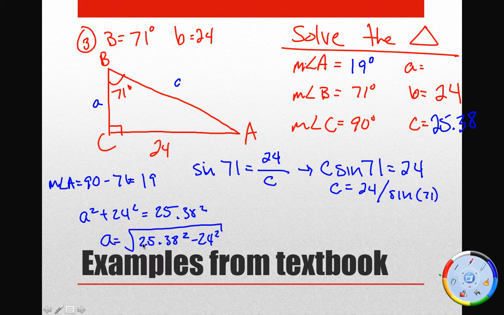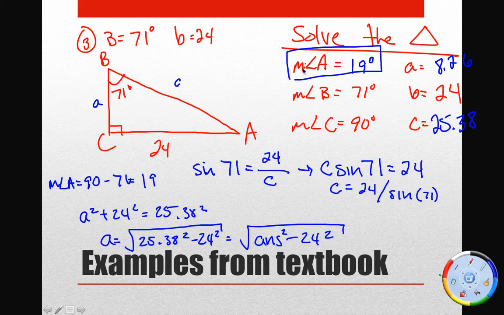I'm doing the square root of ANS squared minus 24 squared. And I get a is approximately 8.26. And there we go. We've solved the right triangle. We've got the missing pieces that we needed.